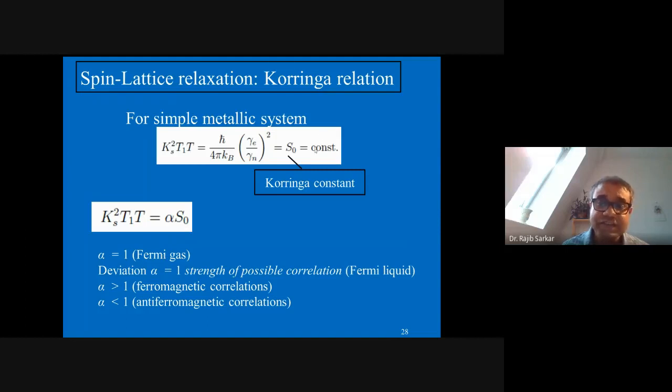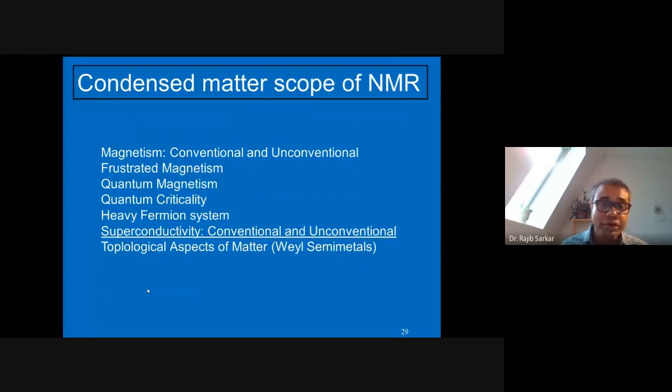Here S0 is your Korringa constant, and alpha is the strength of possible correlation. When alpha is greater than 1, you can say that ferromagnetic correlations are present in your system. If alpha is less than 1, you can say that antiferromagnetic correlations are present. This way, even if you have a metallic system and some correlations are present, you can provide the information by doing Korringa plots, or using the Korringa relation or Korringa constant value. Okay, so far so good.